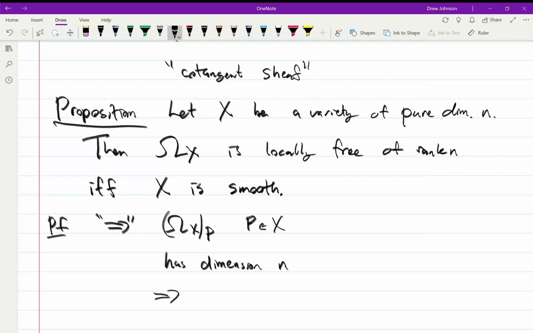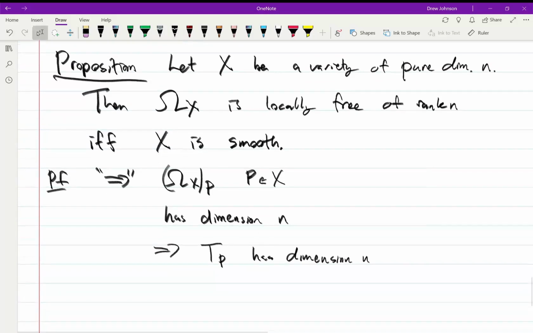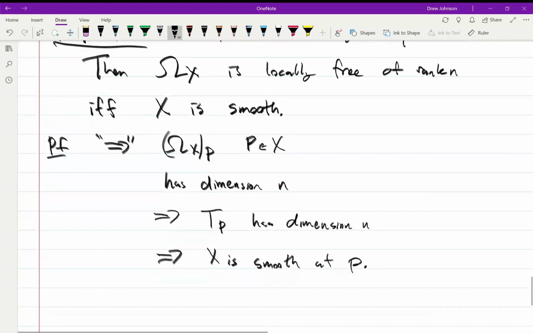And that implies that the tangent space has dimension n. And remember, that was basically our definition of smooth, that the tangent space had the same dimension as the variety. So X is smooth at p. All right. The other direction takes a little bit more work, so maybe I won't write it down, but you can read it in the notes if you're interested.